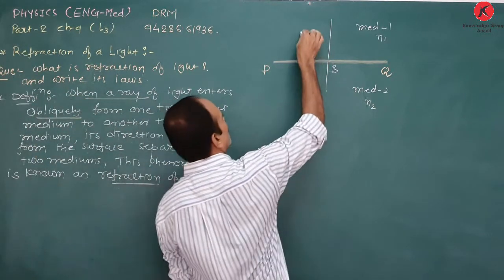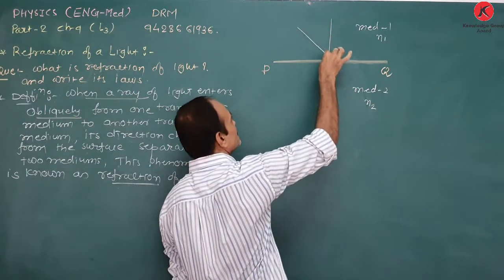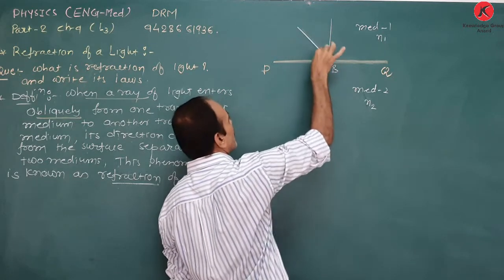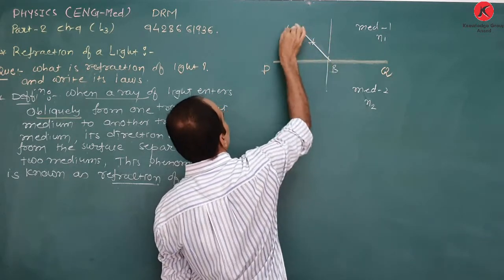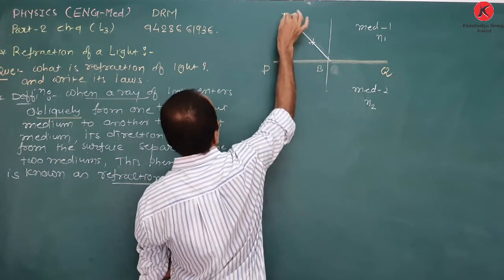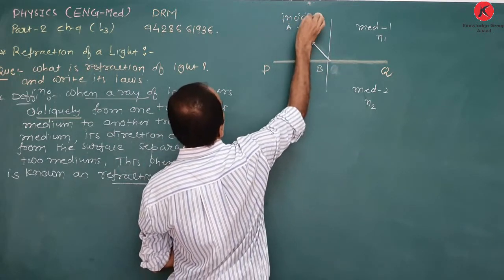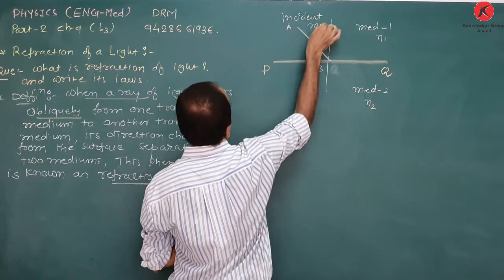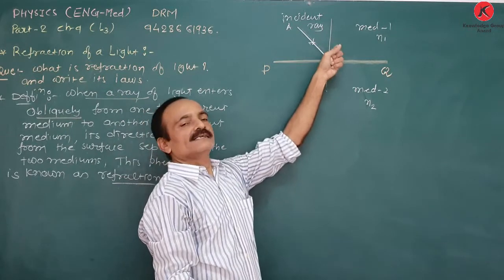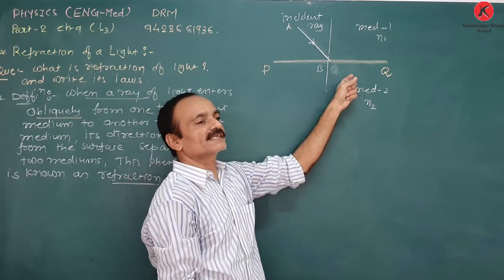Now, the ray of light enters. Initially, it is traveling in medium 1. AB is the ray of light, actually the incident ray. Now, at point B, this ray is entering another medium.